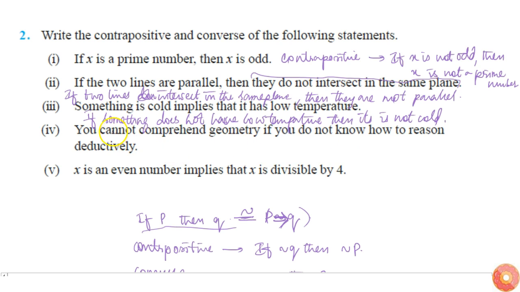Here: you cannot comprehend geometry if you do not understand how to reason it deductively.